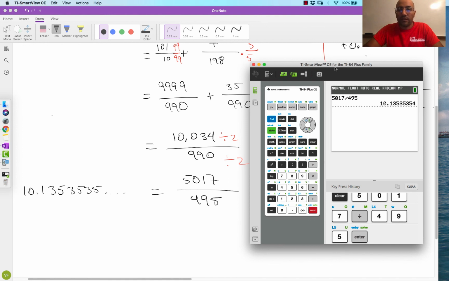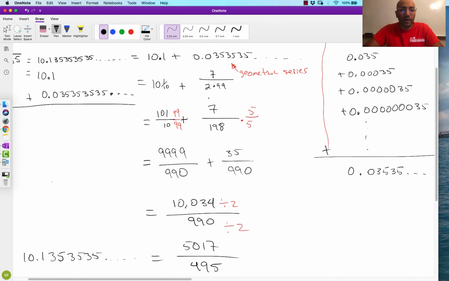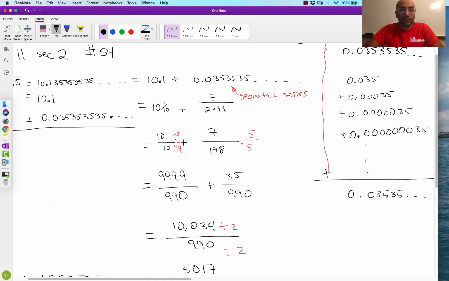Like I said, you didn't have to reduce it if you just stopped here. 10,034 divided by 990, you get the same result, and I'm fine with that. Or even if you got another one, when you came over here and wanted to add these fractions, you might have come up with an easier, faster way to do it.